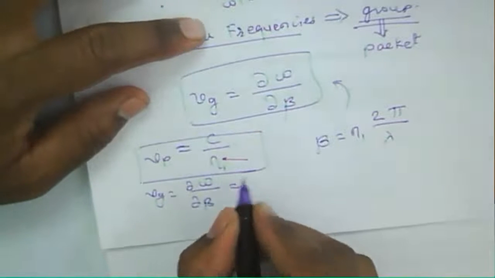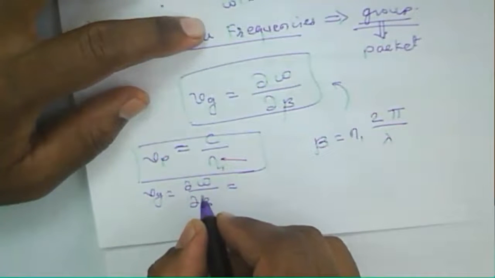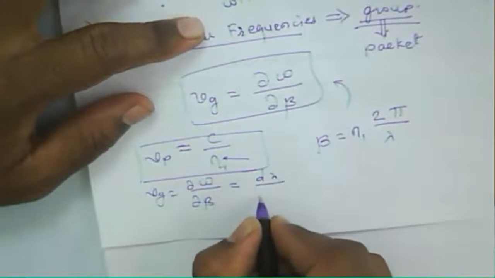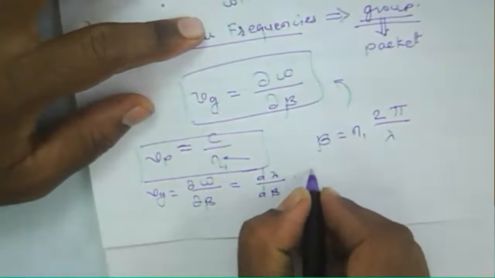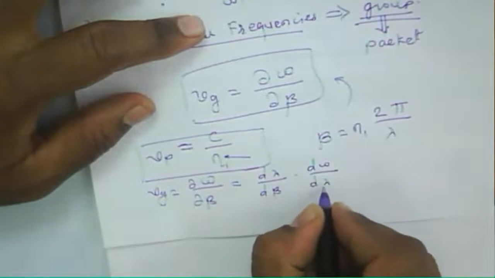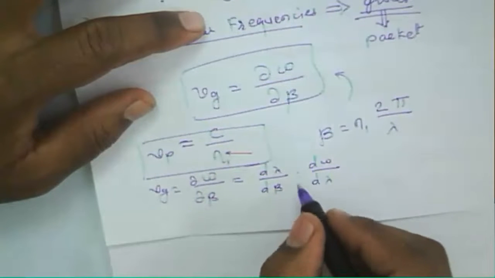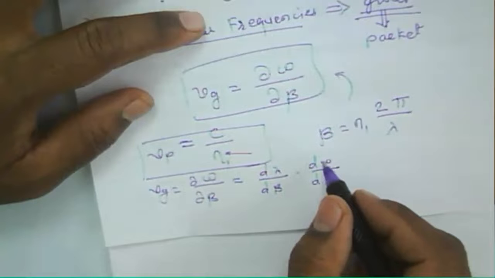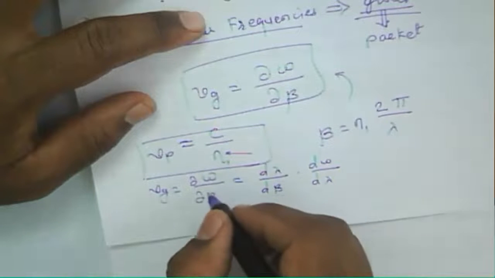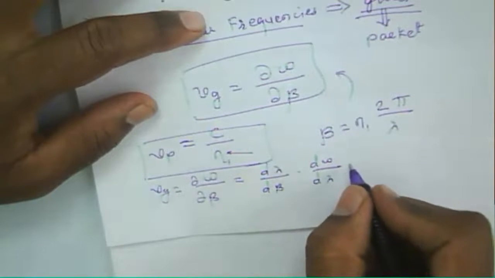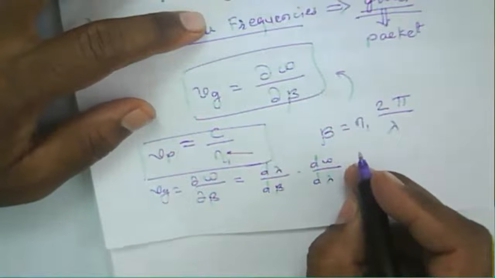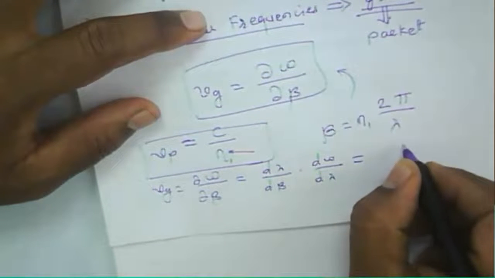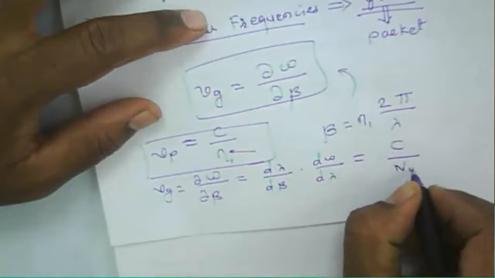If we simplify this with respect to lambda, it becomes d lambda by d beta into d omega by d lambda. After putting in the value of omega and d beta and solving, we get the equation in terms of c by ng.